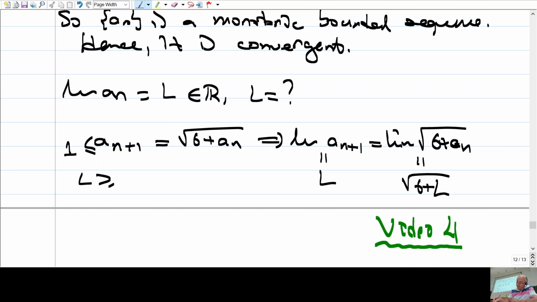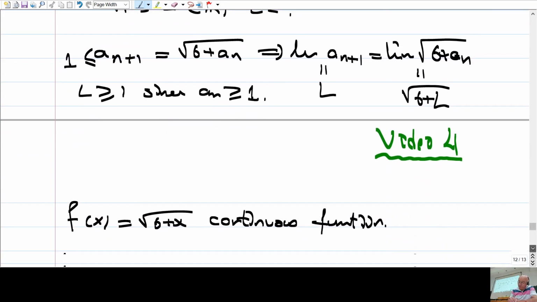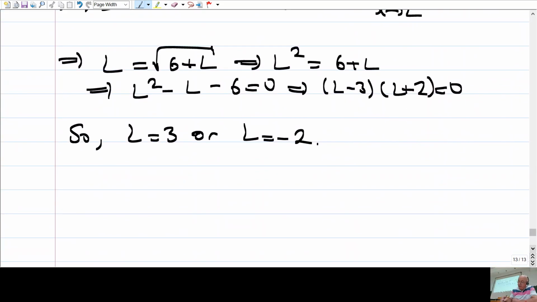So L is larger than 1, because since a_n is always larger than 1, its limit is larger than or equal to 1. Since L is larger than or equal to 1, L cannot be minus 2.